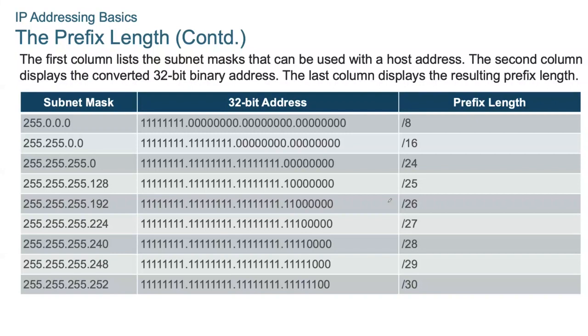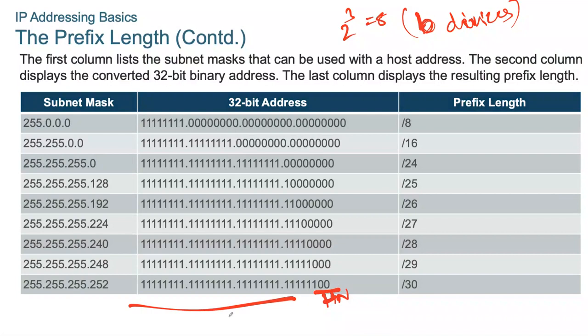Instead of using all 8 bits of your host portion to represent 6 devices, 2 to the power of 3 is equal to 8, so you can use only 3 bits, since 6 is less than 8. The last 3 bits you can use for your host purpose and the remaining bits for the network address.